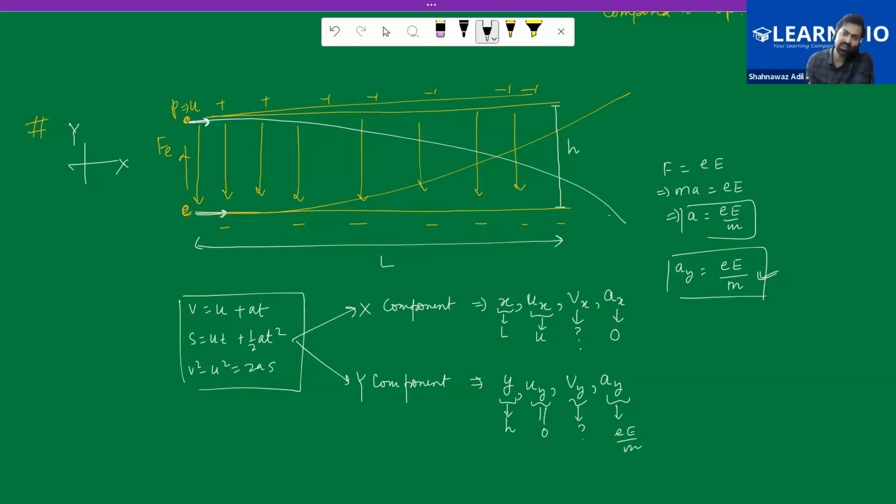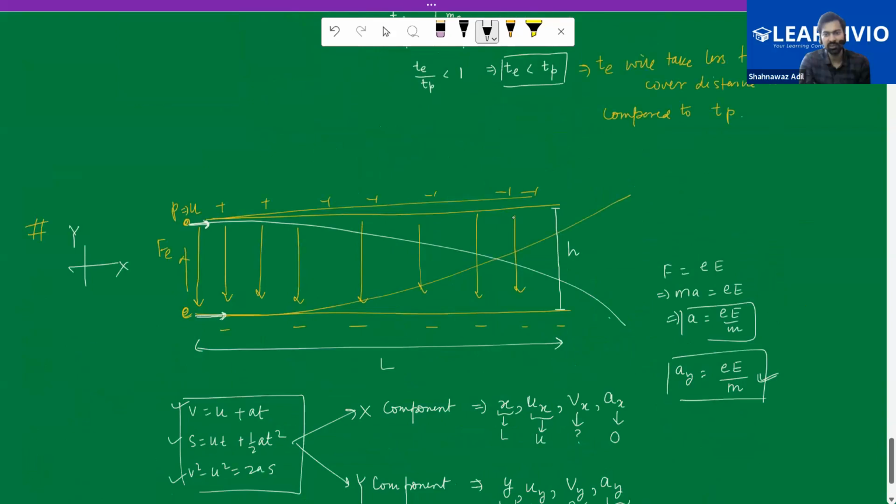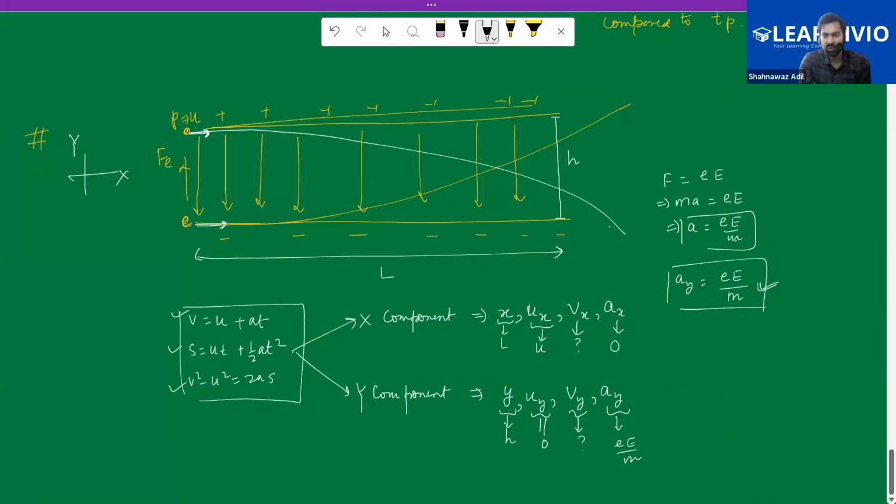So we solve all these equations one by one, and then we'll get the time. That is the idea of this question. Is this clear? Yes. So we have to follow the same process that we applied here, and then we can calculate the time. And then you see that this is dependent upon mass.